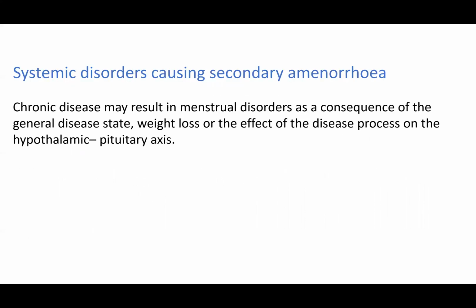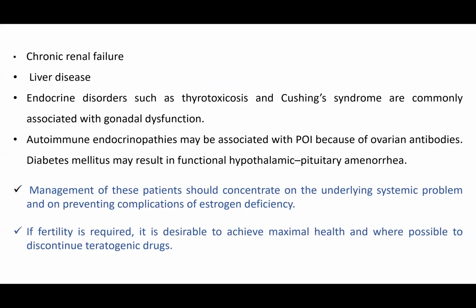Systemic disorders causing secondary amenorrhea involve chronic diseases that could be due to the general disease state, the morbidity that the patient is passing through, losing weight, or the effect on the axis. For example, chronic renal failure, liver disease, endocrine disorders such as thyrotoxicosis and Cushing syndrome. Also, hypothyroidism affects the regularity of the menstrual cycle, so it has to be corrected.